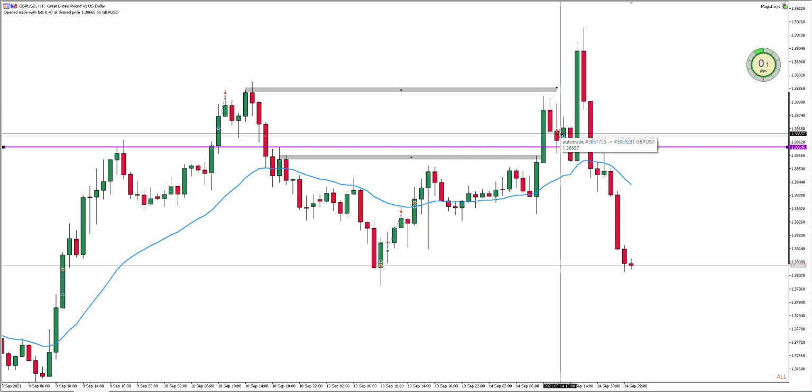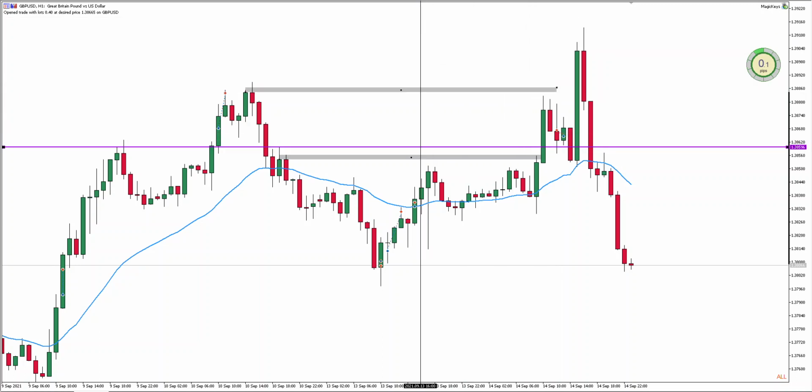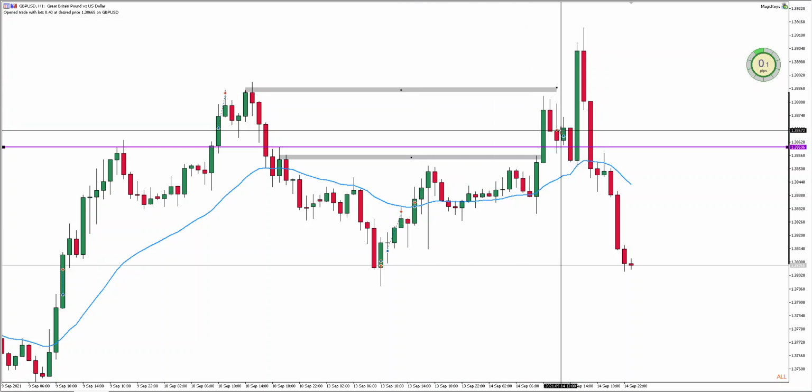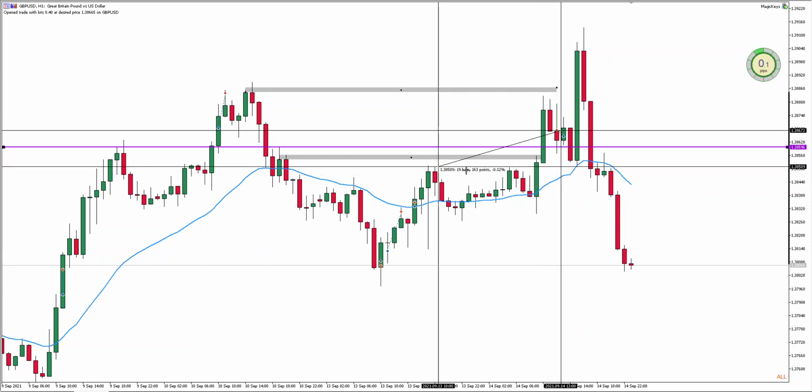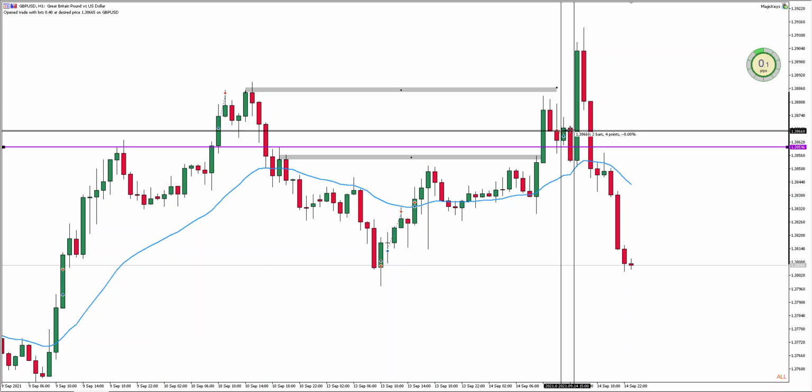So I opened my trade right at the open of the next candle. For a trade like this, stop above previous candle, 15 pip, targeting 18 pips or 15 pips. So that's a nice one-to-one. It's really a valid trade.